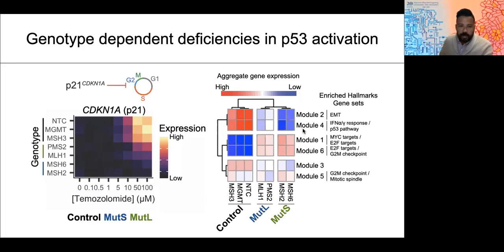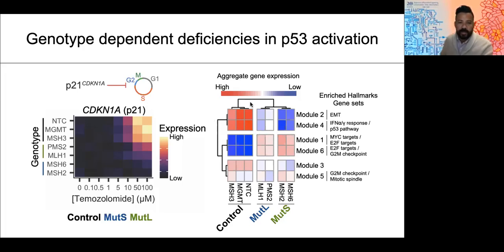And in addition, we also observe this intermediate phenotype for the processing complex when it goes back to expression of genes associated with p53. So if we focus on module 4, which is enriched for genes that are induced in response to p53 activation, we see that their lowest expression is in genotypes that are perturbed for mismatch repair recognition and highest in our control cells, as we expect.